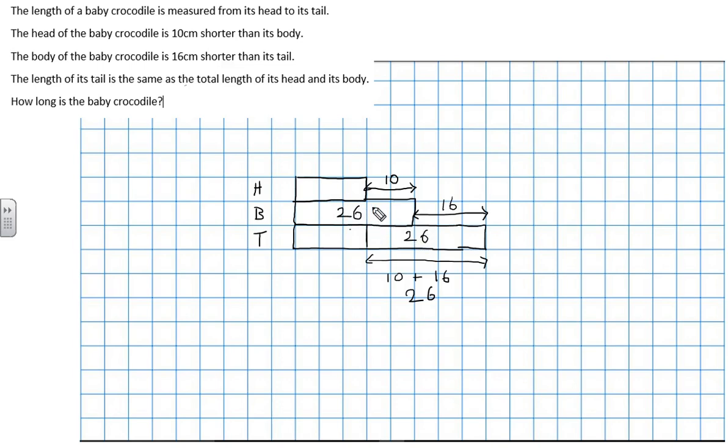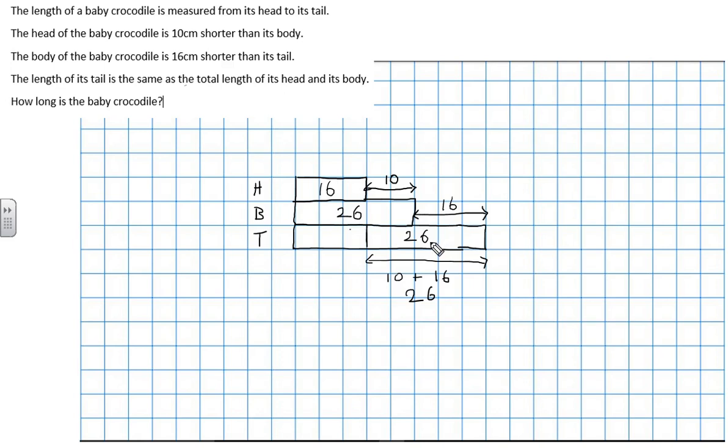And oh gosh, look what else we can figure out. If this is 26, we know that this is 10 centimetres shorter, so this must be 16. Okay, is that clear? So this is 10 centimetres shorter than this, so this whole thing must be 26.